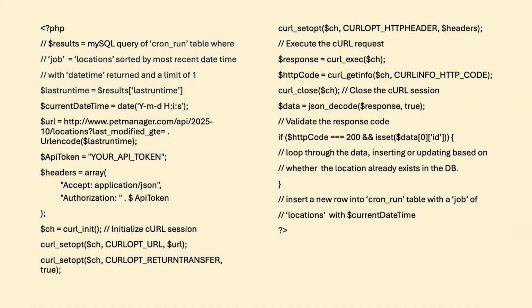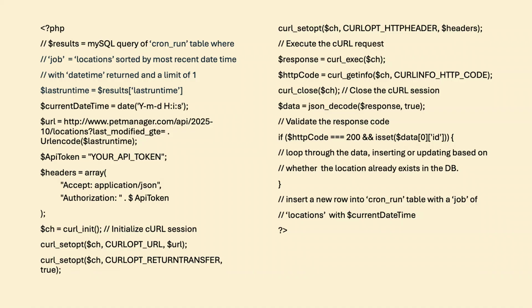So date time would be returned, and I want a limit of 1. I don't want all the jobs that have ever run. For this query, I want 1 result. And then if I do that query that way, then in the next line, last runtime is equal to results last runtime. So I've gotten the last runtime.